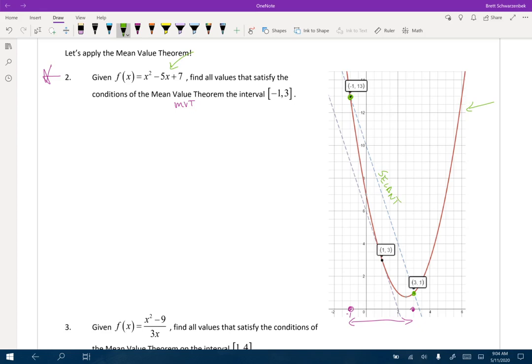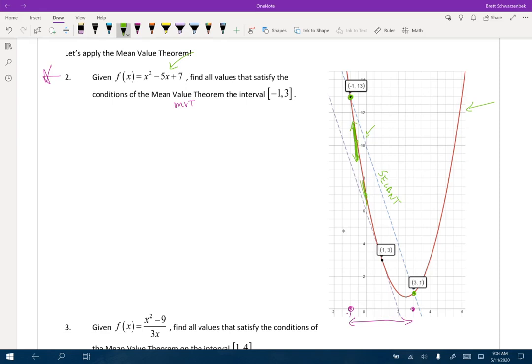So what is the point of the mean value theorem? It's to find at least one tangent line that has the same slope as that secant line. I could go here and draw a tangent line. Does that have the same slope? No. I could go to here and draw a tangent line.